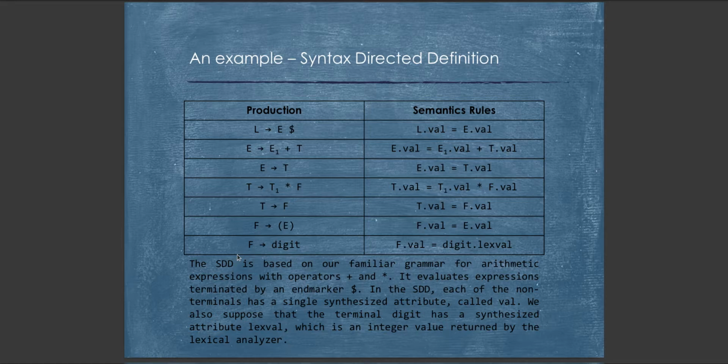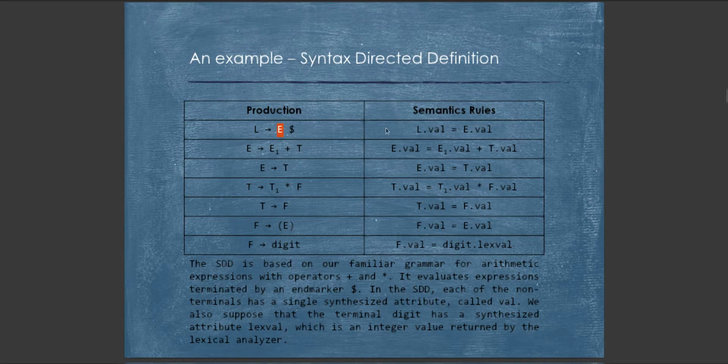So let's start. So you see, আমাদের প্রথম প্রোডাকশনটা খুব সিম্পল, L থেকে E। So what do you think, L এর ভ্যালু যদি আমি ক্যালকুলেট করতে চাই তাহলে কিভাবে করব? So the production is pretty simple, right? যে L এর ভ্যালু কোত্থেকে আসবে?